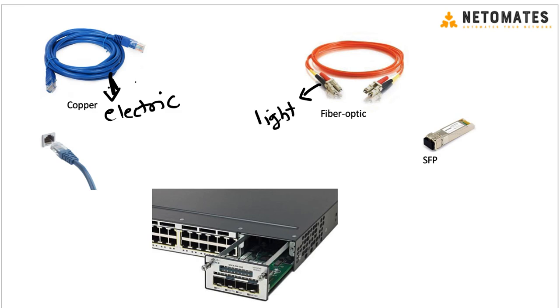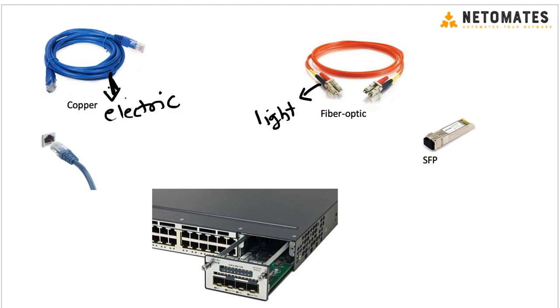So which one do we need to choose? Basically, copper cables can only transmit data over shorter distances. Suppose you have two computers in a room, you can connect them using copper cables.